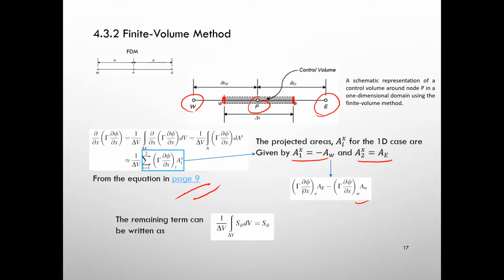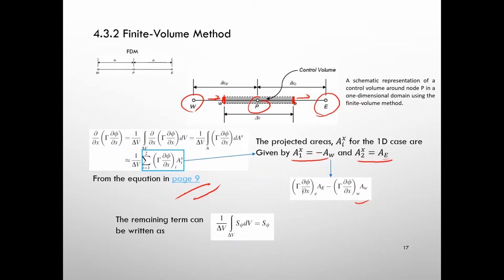However, the signs for these two opposite surfaces need to be in opposite directions. It is like one is where the property comes in, one is where the property goes out. So you just want to make sure that the property is conserved. In this case, we take the one on the west as negative, so AE is supposed to be positive in order to make sure that the property is conserved.